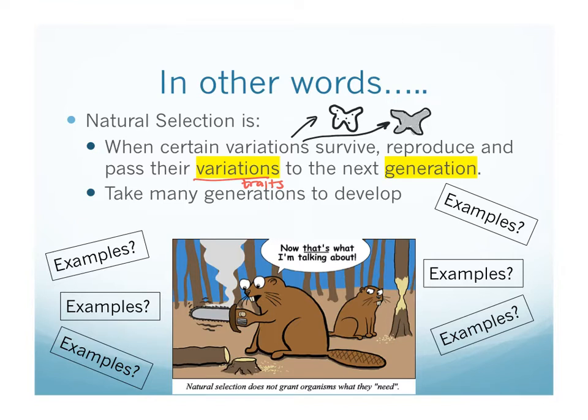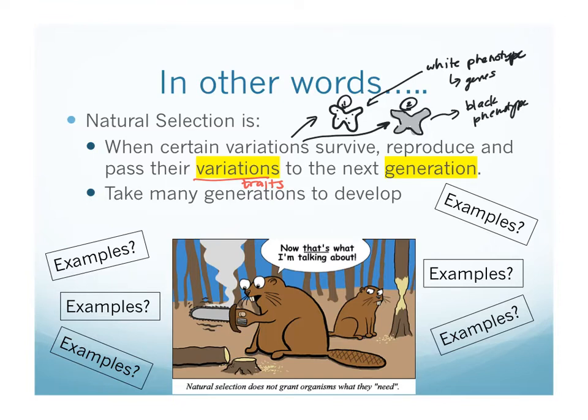Okay, so there's two variations right there. So variation 1 and variation 2. Remember, this one is white. It has a white phenotype. And remember, our white phenotype is because of its genes. Okay, and then this one has a black or dark phenotype.